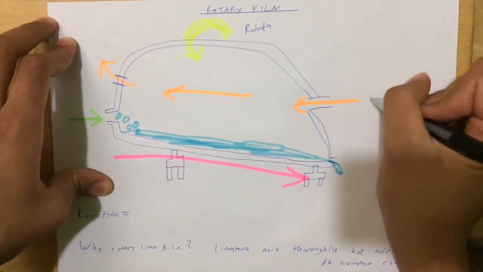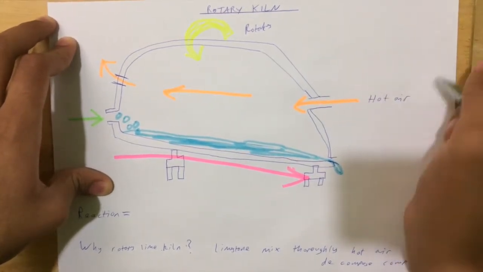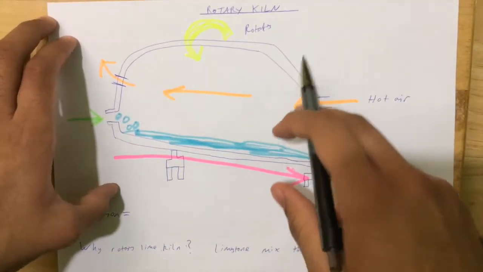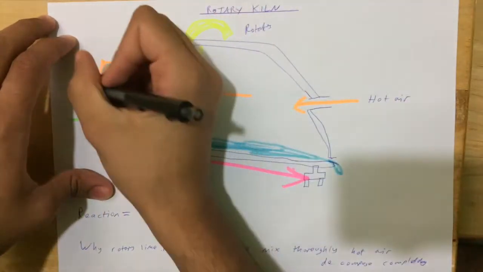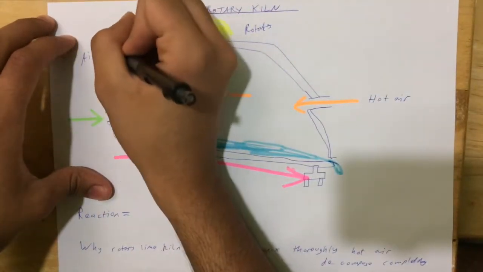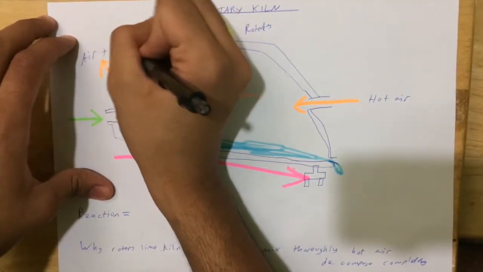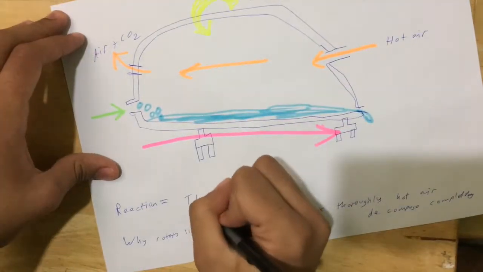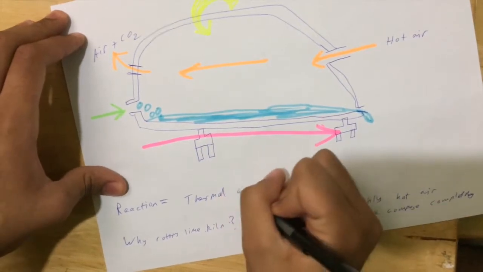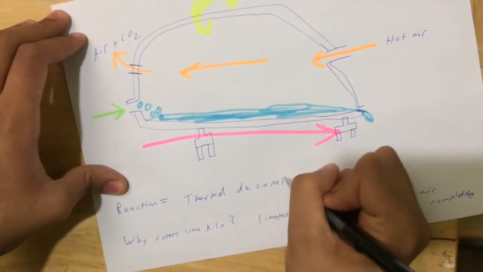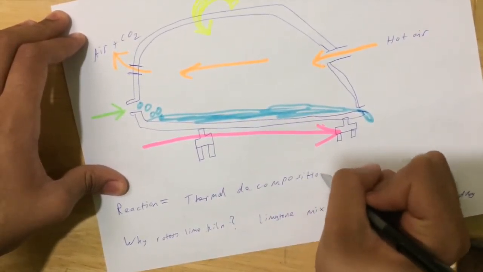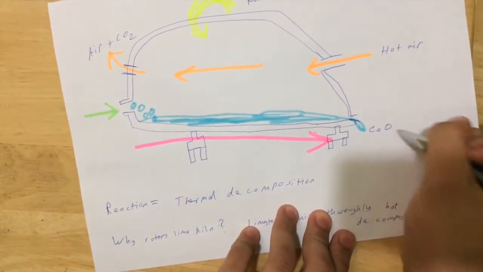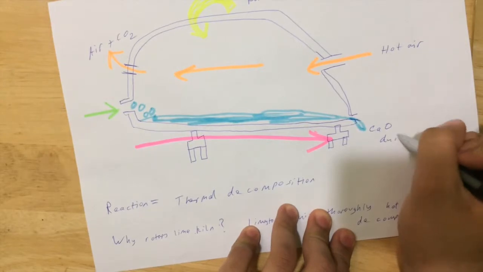So here we add in hot air. And the hot air comes out here, but it has gone through a reaction. So now it's not air and oxygen from the air, it's air and carbon dioxide, because this reaction is thermal decomposition. And in thermal decomposition, we get quicklime, calcium oxide, which is formed here.